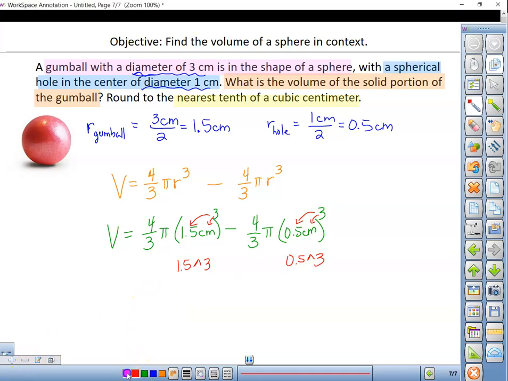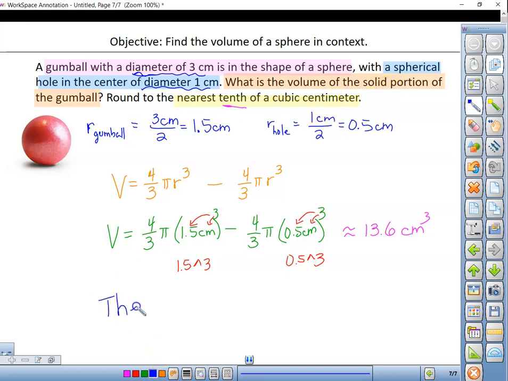All right, and hopefully you are getting, when you're all done, to the nearest tenth, about 13.6 cubic centimeters. So this represents the volume of the solid portion of the gumball.